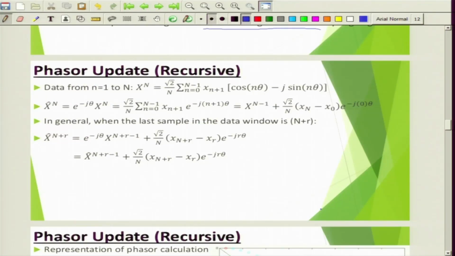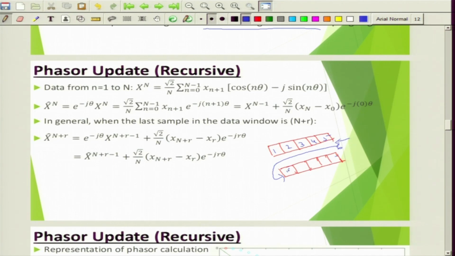Now we are discussing recursive. The difference between non-recursive and recursive is, let us take the same example: 1, 2, 3, 4, 5. If a new data arrives, let us say 6, this data is placed in the beginning rather than at the end.